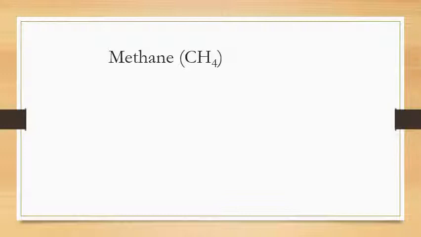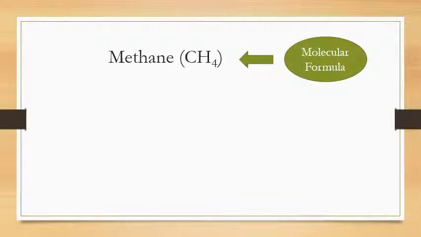alkane is methane, which contains 1 carbon and 4 hydrogens. This CH4 is known as the molecular formula. It tells you the number of carbons and hydrogens, basically the number of atoms in a molecule. And as previously discussed, it's the main constituent of natural gas.